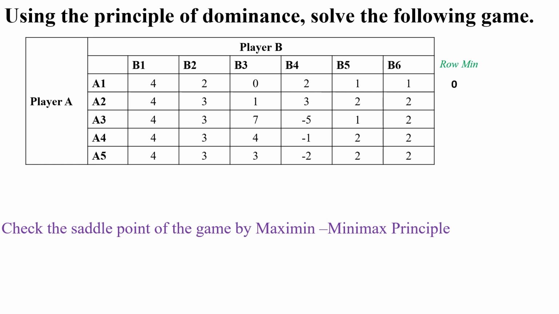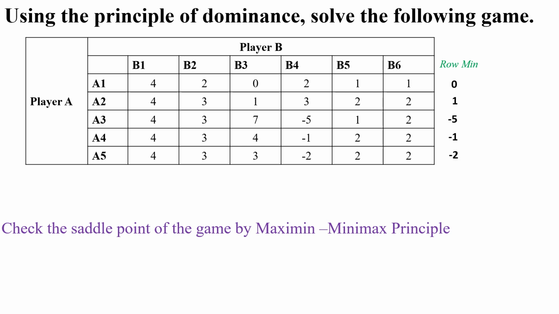In the second row, the minimum value is 1. And in the third row, the minimum value is -5. In the fourth row, the minimum value is -1. And in the fifth row, the minimum value is -2.